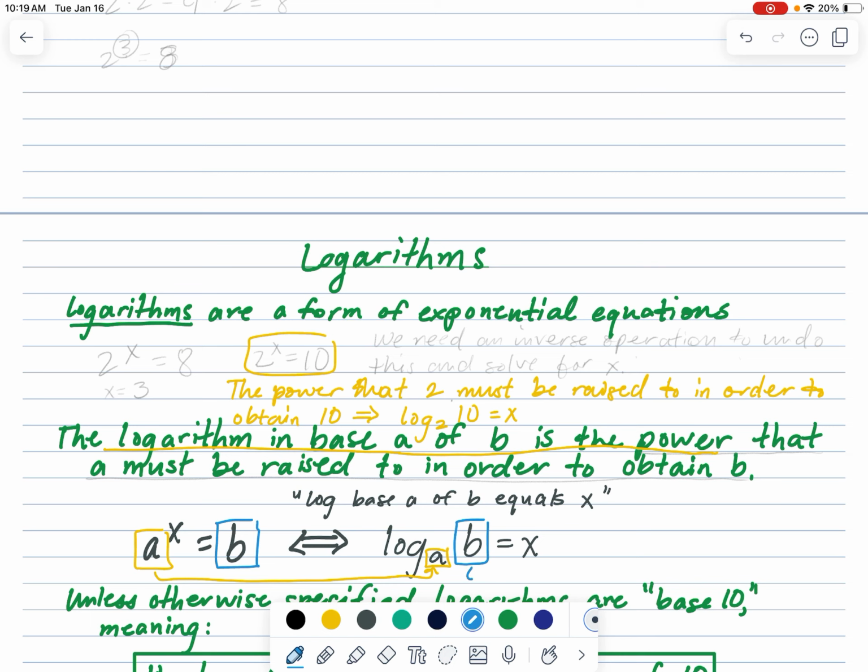We call this the argument of the log. And the exponent itself becomes what the log is equal to.